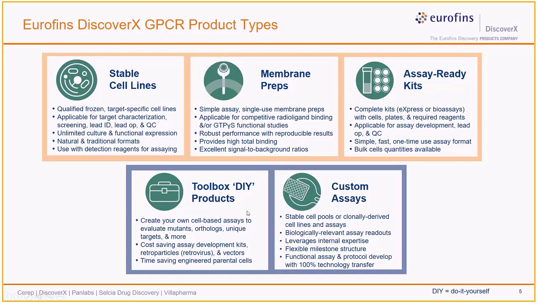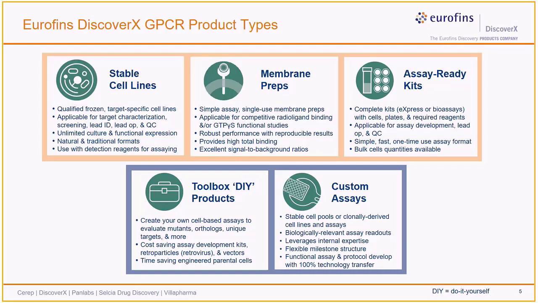Next, we have some toolbox products. These are called DIY, or do-it-yourself, to allow customers like you to create your own GPCR cell-based assays. So maybe you need more flexibility than what the cell lines or kits offer. You want to evaluate your specific mutant or another species, an ortholog, such as monkey versus rat versus mouse, and compare it to the human version of that GPCR.